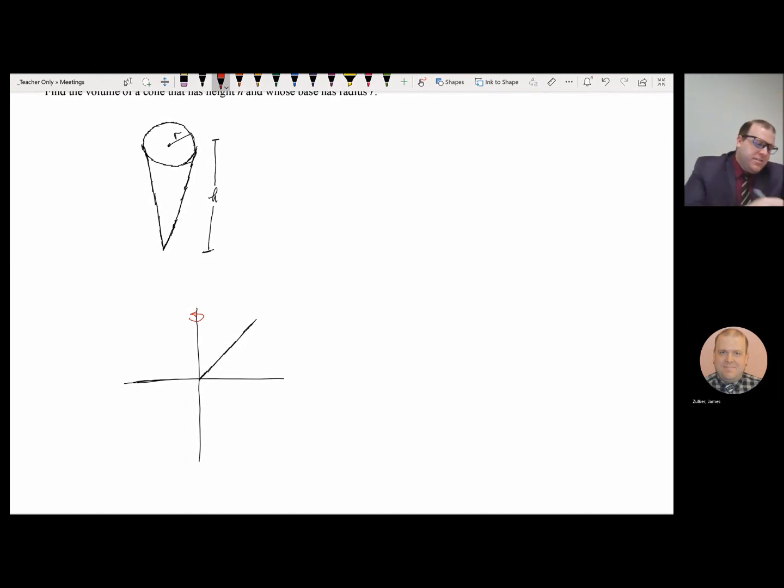If we rotate that region about the y-axis, we'll get a cone.